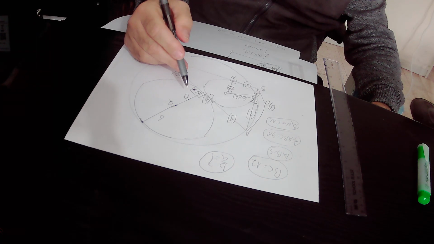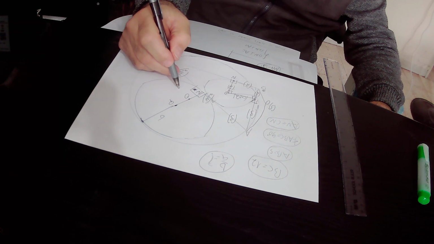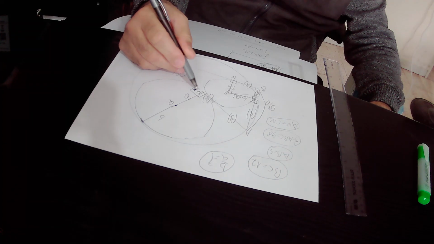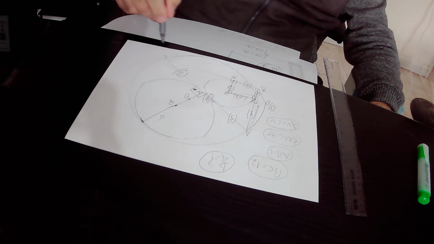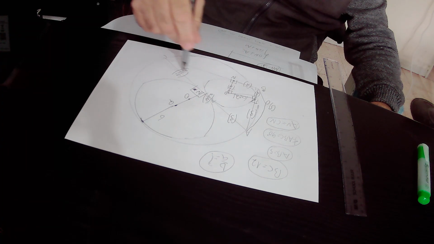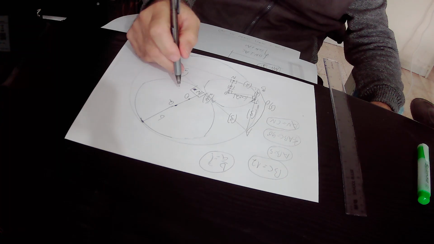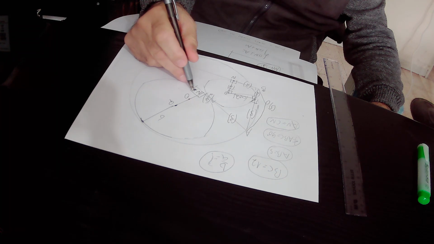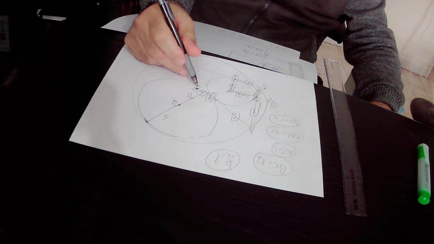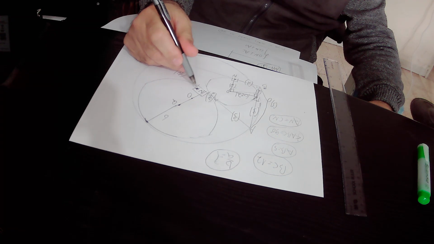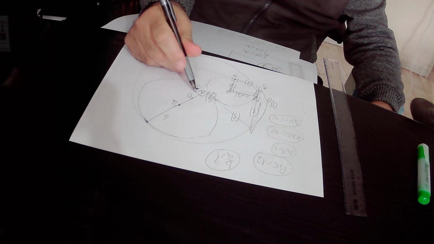Why? Because if point O is not located on QN, for example, if it is located here, then it will never make an angle of 90 degrees with tangent AC. This angle here on this side will be less than 90 degrees, and the other side will be more than 90 degrees.